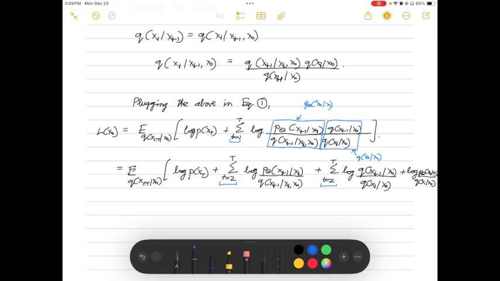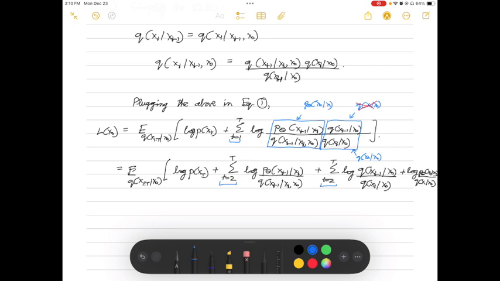Now let's look at the other two terms. If we look at this term and plug in t equals 1, we get q of x naught given x naught, which doesn't mean anything because we can't diffuse the input into the input itself.